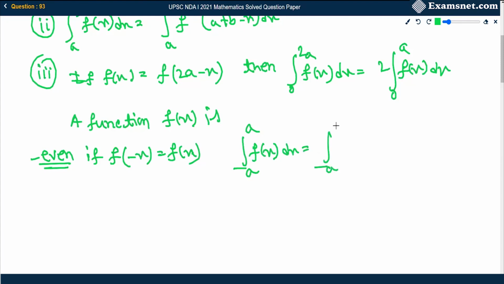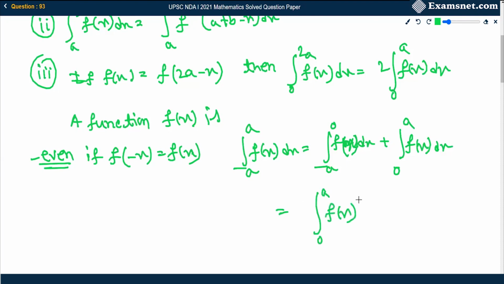We can break it as the integral from -a to 0 of f(x) dx plus the integral from 0 to a of f(x) dx. Since for -a to 0 it will be f(-x) dx, this also becomes the integral from 0 to a of f(x) dx, so this becomes 2 multiplied by the integral from 0 to a of f(x) dx.